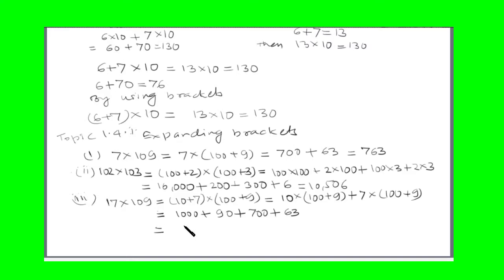This gives us 1853. This way, by using the brackets, we can make our calculations systematic, easy, and without any confusion.